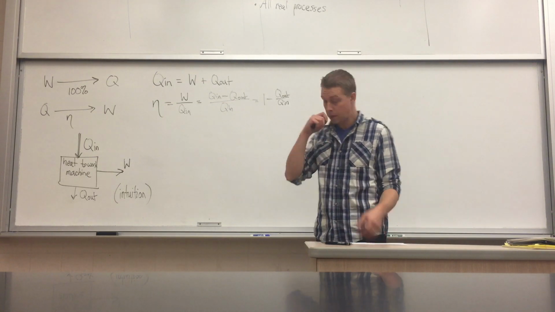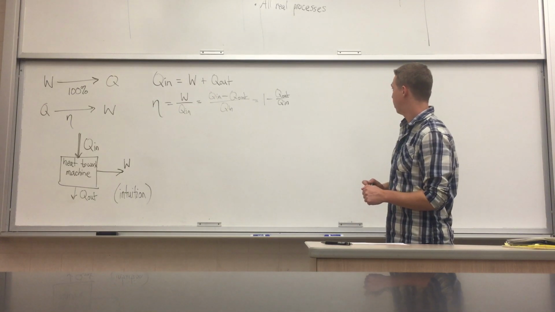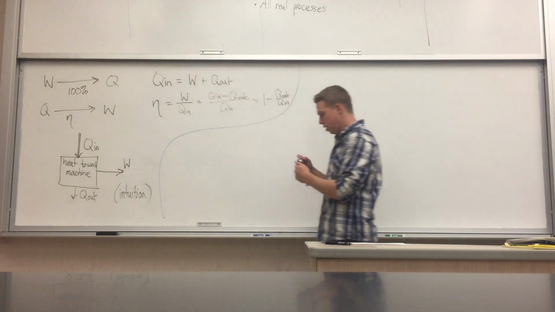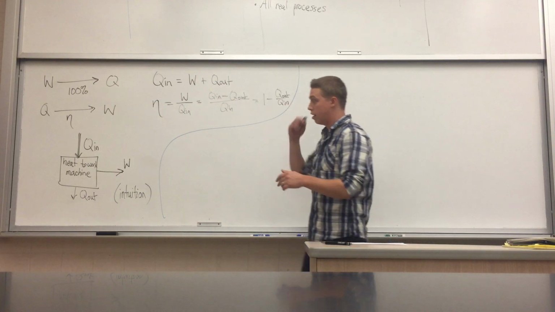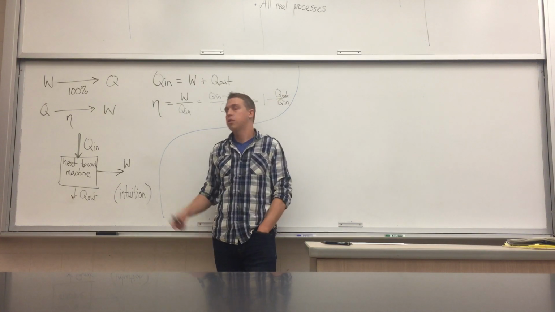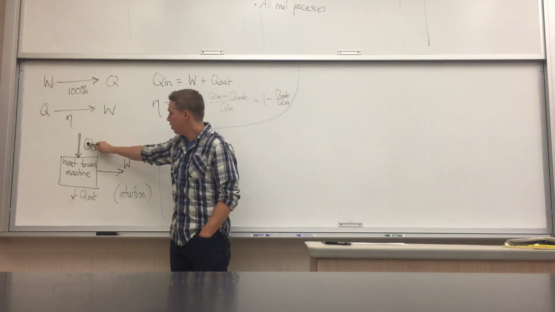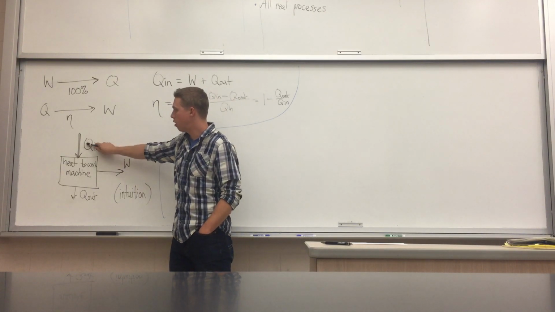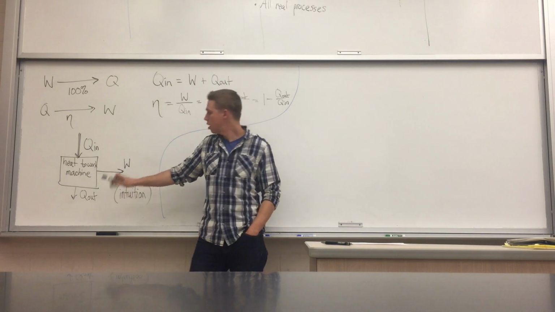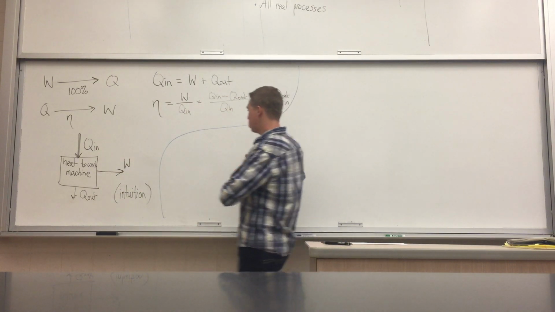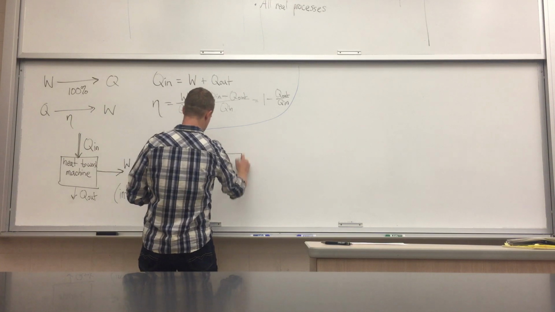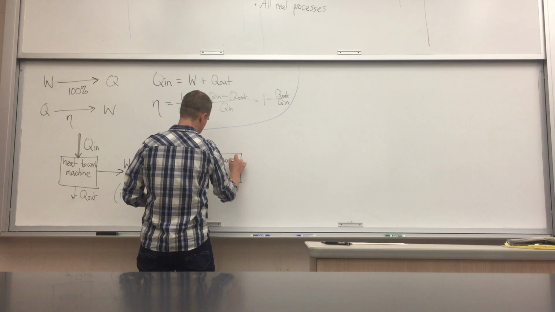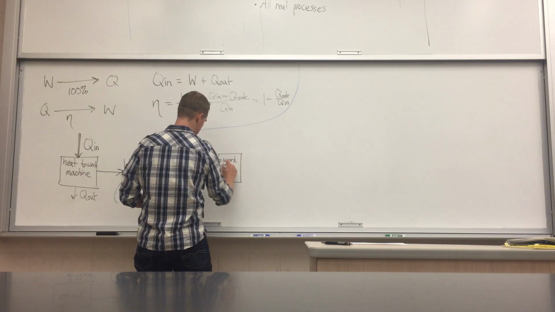Now, imagine for a second with me, let me divide this off. Imagine for a second that we said, all right, well, if the problem is we can't get all this into work, could we just turn all this into heat out? Could we eliminate the work? So let me draw this again. This is our heat to work machine.